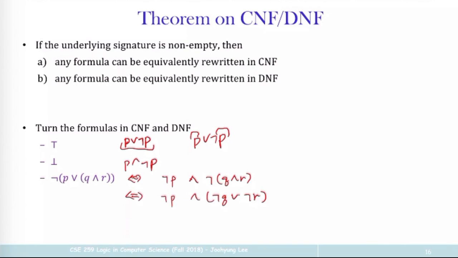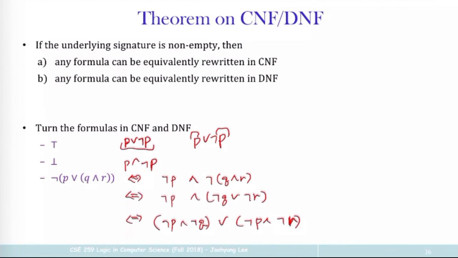Okay? So in order to turn it into DNF, I can further distribute conjunction over disjunction, another homework problem that you have to prove. So when you do that, you will get this one. This is pretty much like algebra when you have a multiplication distributed over addition.